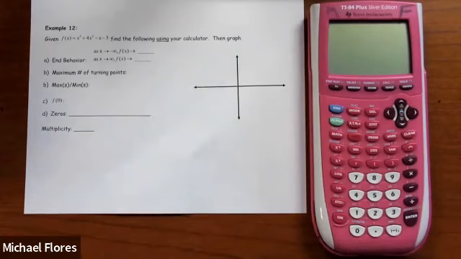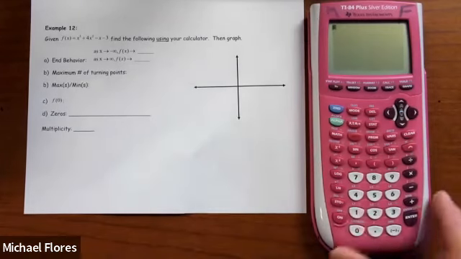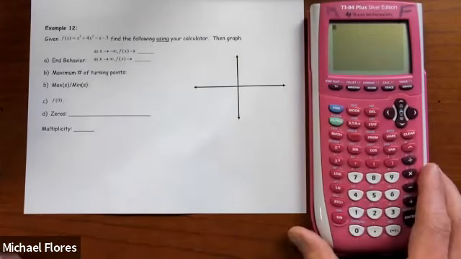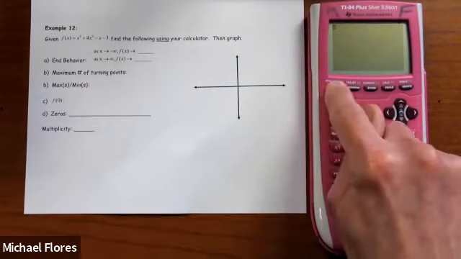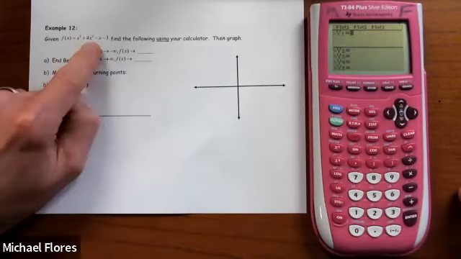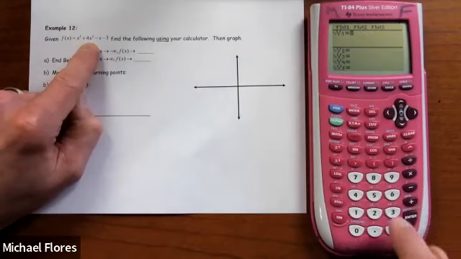Let's get started. Let's plug this into our calculator. First step, most important, make sure it's turned on. Go to y equals, clear out any previous data, and then let's start entering in this polynomial.